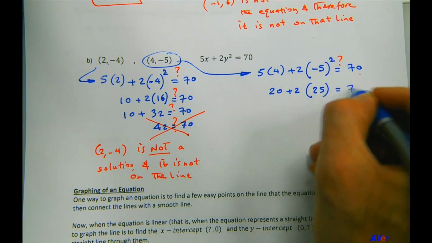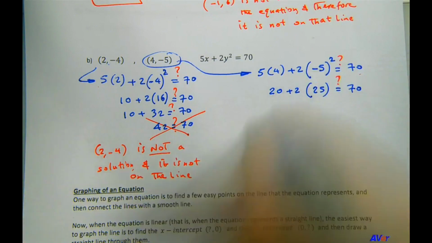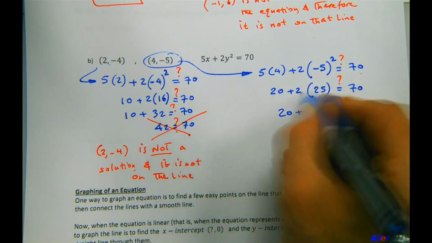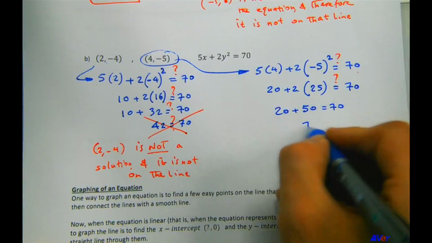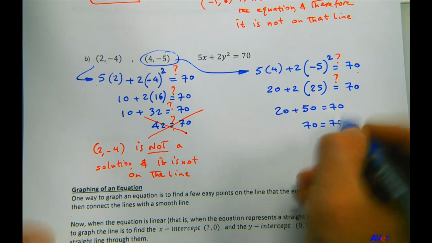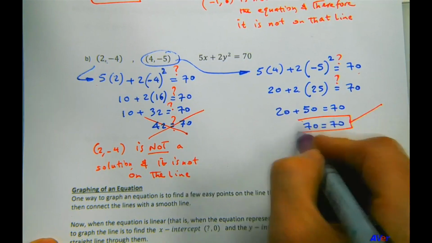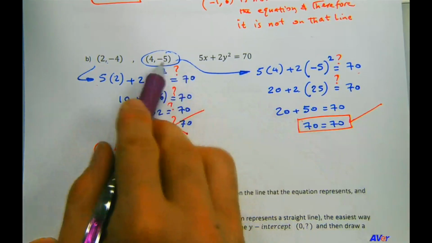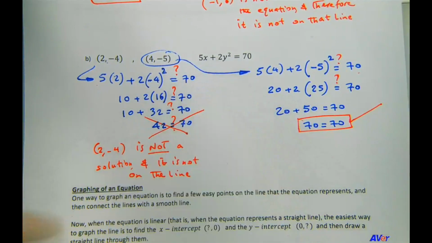Okay? We're asking if the left side equals 70. So 2 times 25 is 50. 70 equals 70. What do we have? We have a check. So 4 comma negative 5 is on this line. It is a solution of that equation.